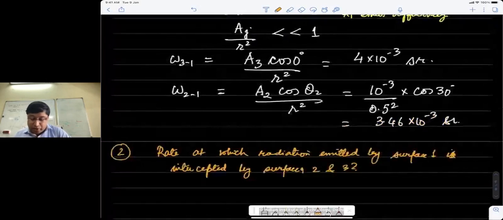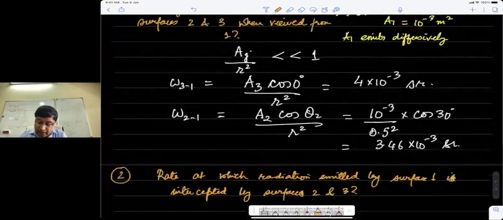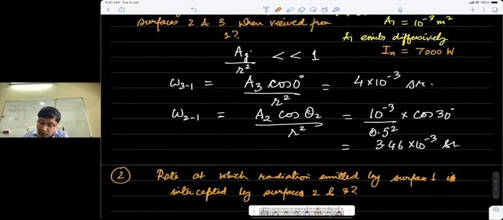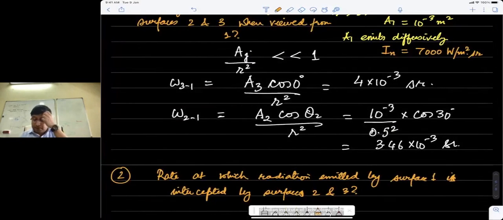And to complete this question, let me also say this: the surface is emitting diffusively. So we are given the radiation intensity IN, which is the intensity along the normal direction of the surface A1. That is given as 7,000, let's say, watt per meter square per steradian, and that is the intensity along that direction.